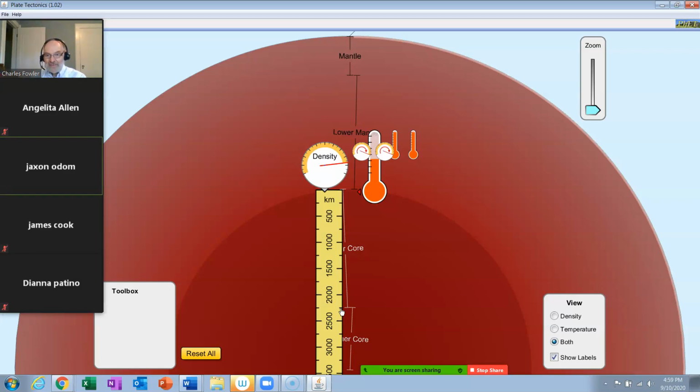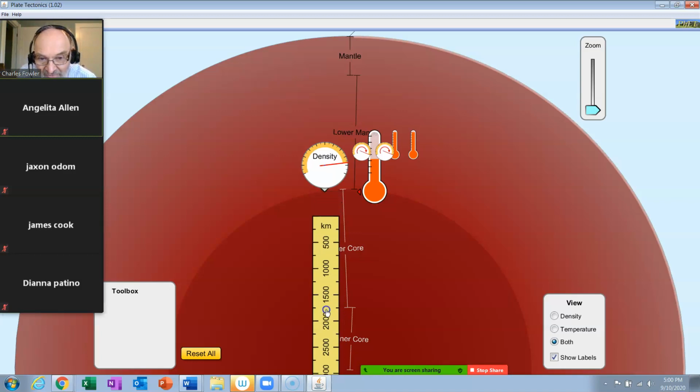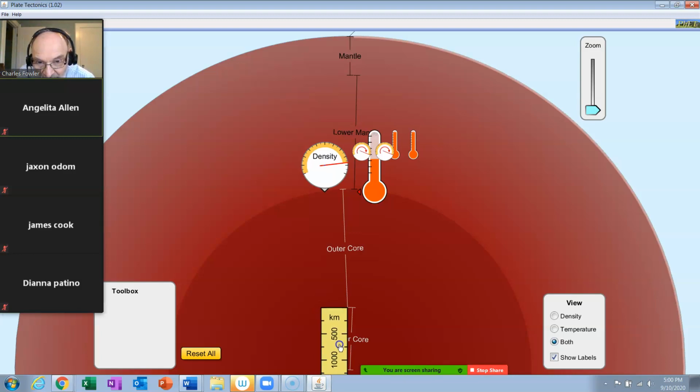Okay. What's next? Estimate the radius of the inner core. Okay. Let's see if we can estimate that radius. See if we can get this to go further down. I think that's where we run into problems. No, we don't. I just didn't have the thing there. Okay. So that looks about 500, 1,000. That would be 1250, maybe about 1,200 kilometers.